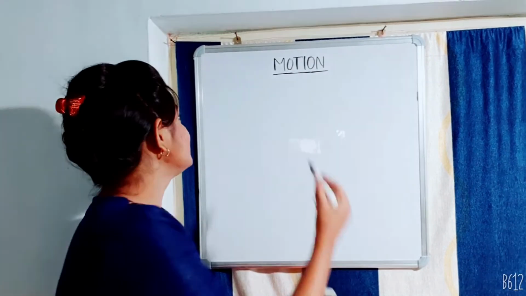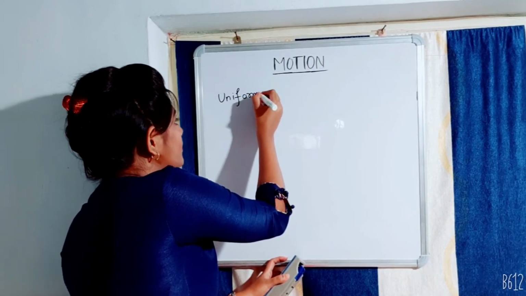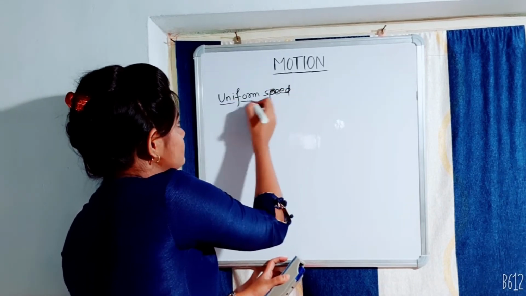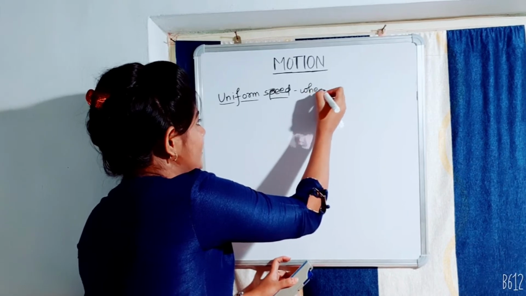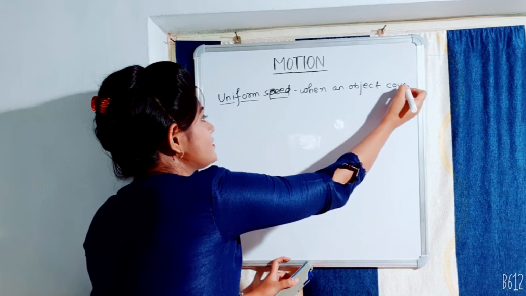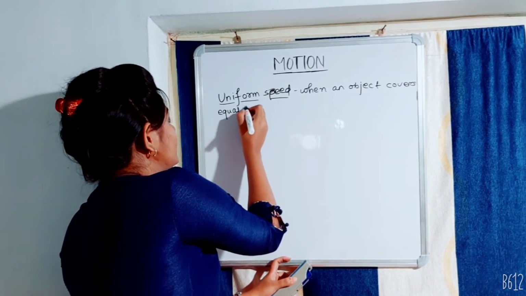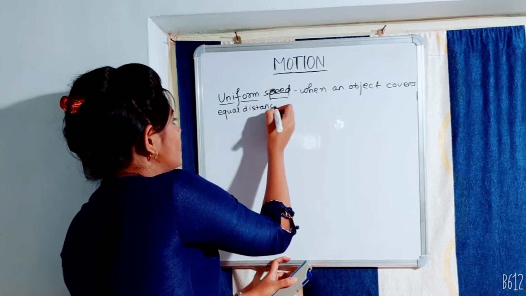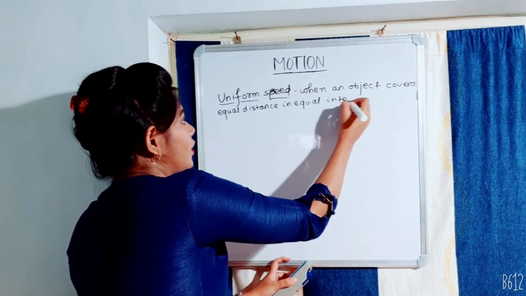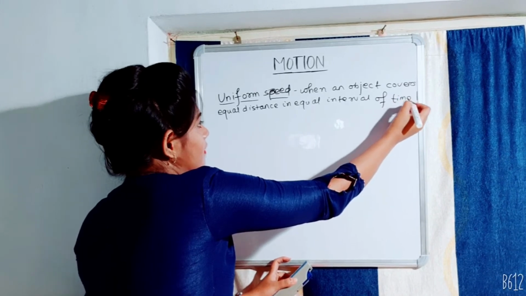So now let's write it. First is uniform speed. When an object covers equal distance in equal interval of time.